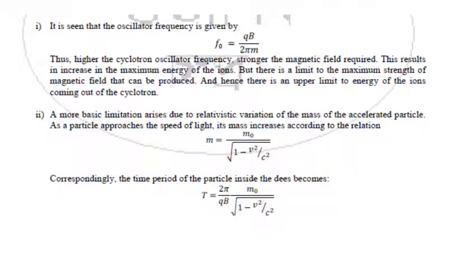You can't say it is the final accelerator. Many new accelerators have already been discussed. It is seen that the oscillator frequency is given by f0 equals qB upon 2 pi m.